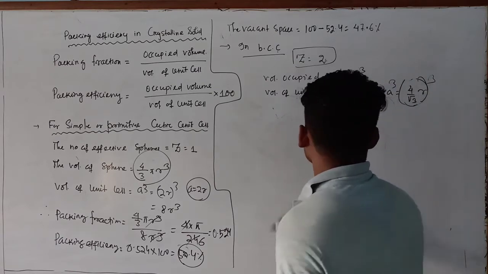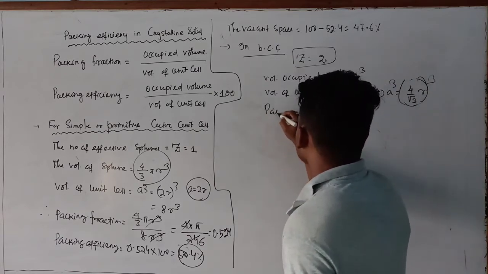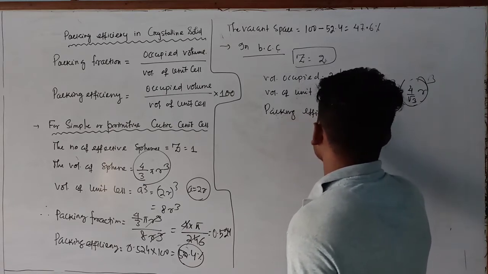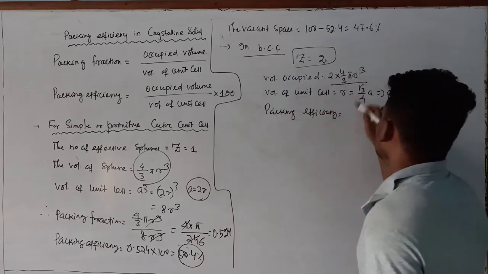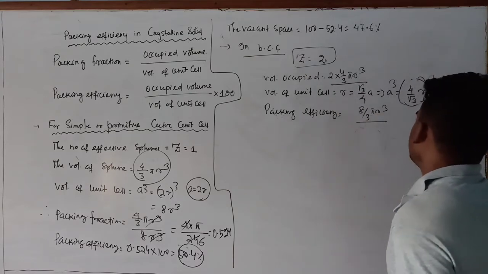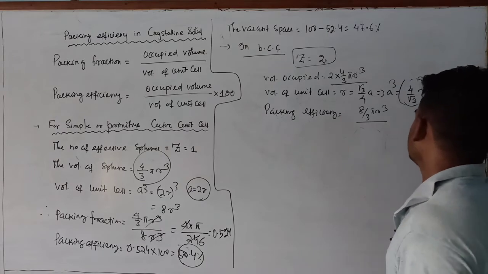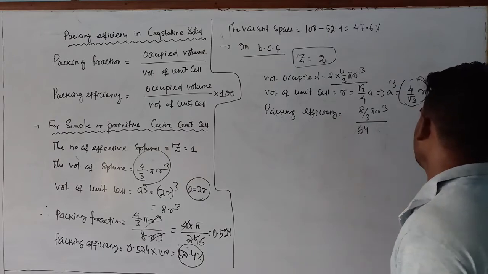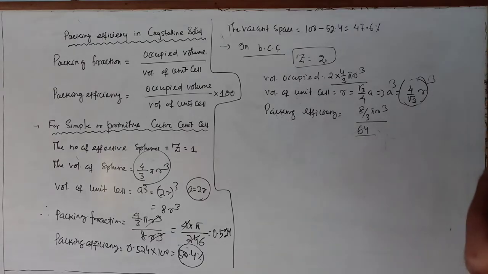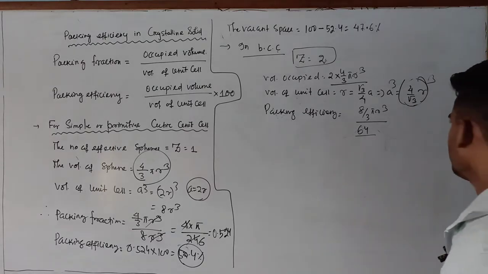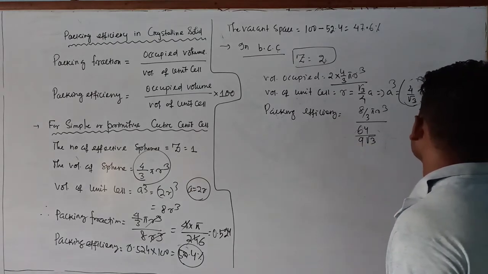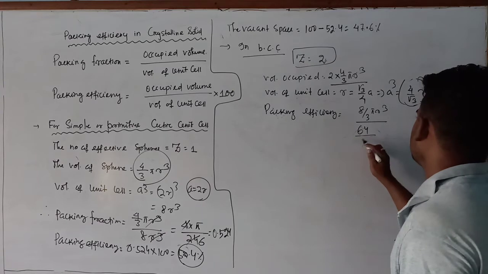Is that clear? So I am directly calculating packing efficiency, that is equal to volume occupied, 8 by 3 pi r cube, divided by volume of unit cell, that is 64 r cube upon 3 root 3.